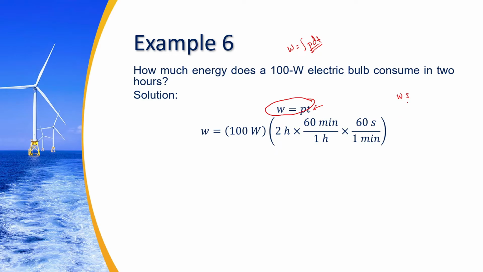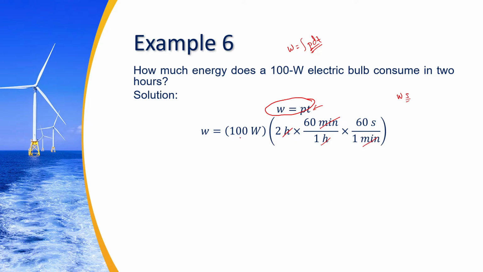Tama? So, kaya itong goal natin, makuha natin yung time na in seconds. Kapag kinonvert natin 2 hours into seconds, meron tayo 60 minutes in 1 hour, at meron tayong 60 seconds in 1 minute. So, therefore, we can cancel out the hour and the minute. Matitirang unit natin is seconds.